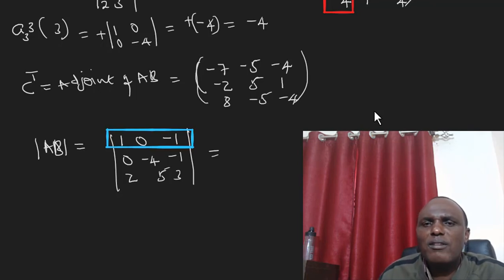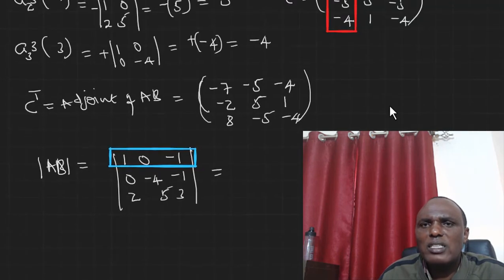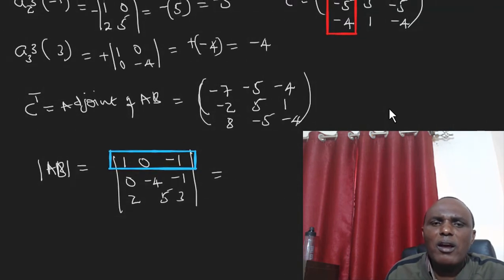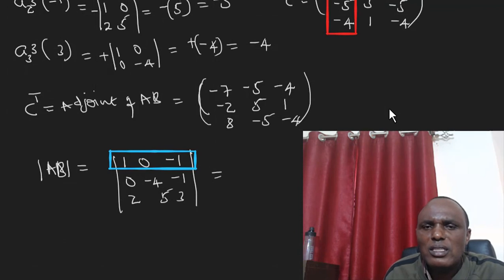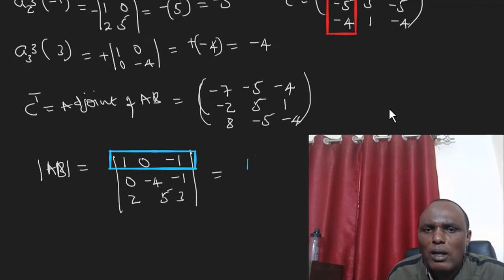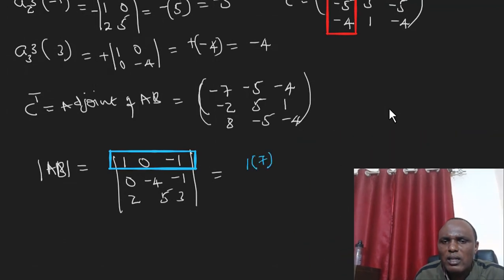If you look at the first row, the cofactor of the element 1 is 7, so it will be 1 multiplied by 7. You add the second one, which is 0, multiplied by negative 2, because the cofactor is negative 2. The cofactor there is negative 1.